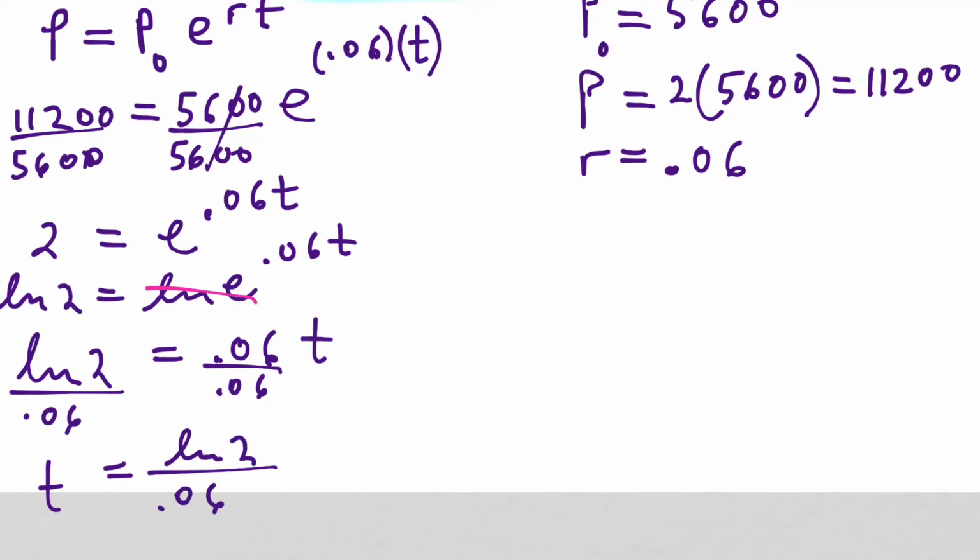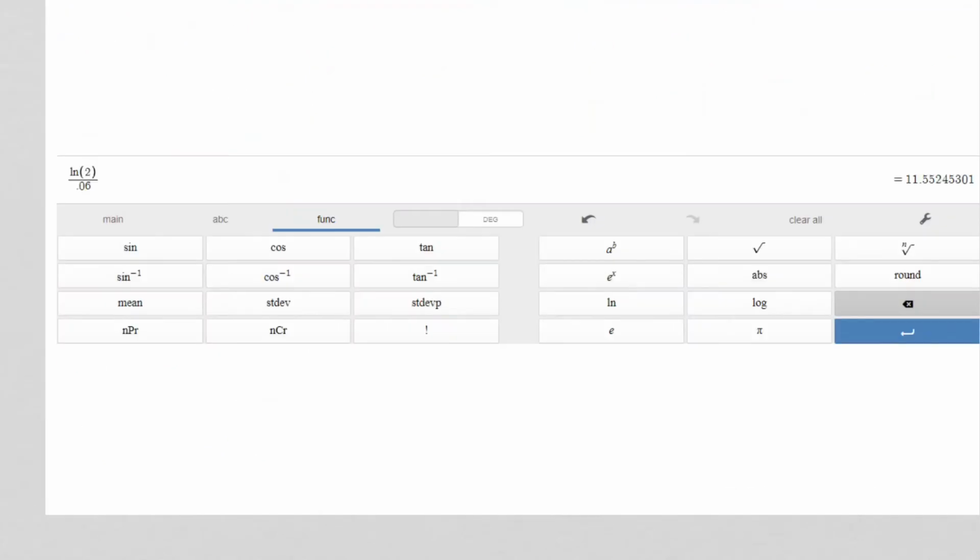Now this is one of those times when we really want to see the magnitude of that number, so we want to punch that into the calculator and figure out what we're talking about in terms of years. It's not exactly clear what the ln of 2 divided by 0.06 is unless we punch it into the calculator. So here's Desmos Scientific.